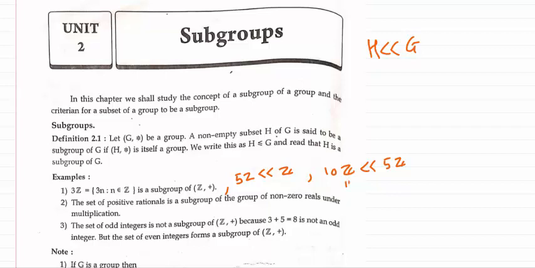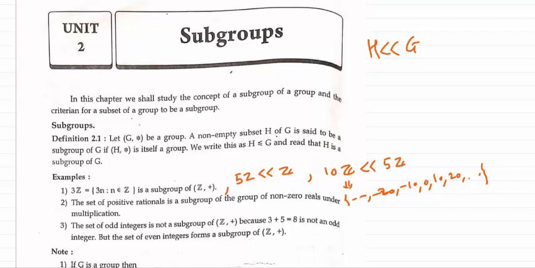Here you should note that minus 20, minus 10, 0, 10, 20, like this. 5Z means multiples of 5: 0, 5, 10, minus 5, minus 10, like that. And we also went through non-examples.